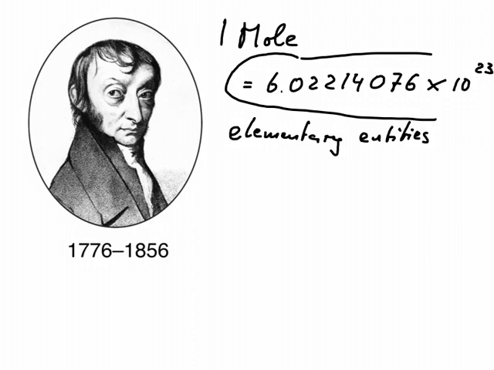And a mole is just another word, which in this case means a very large number of exactly 6.022140076 times 10 to the 23. There's nothing horrible or mysterious about it, and we will use it very, very frequently.